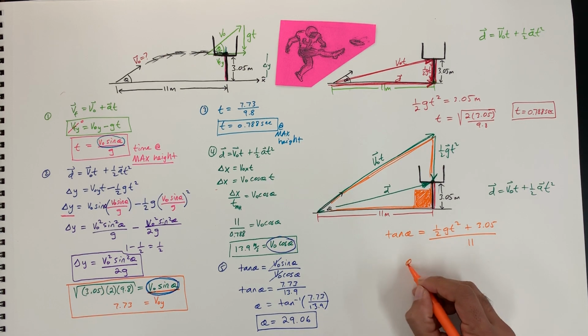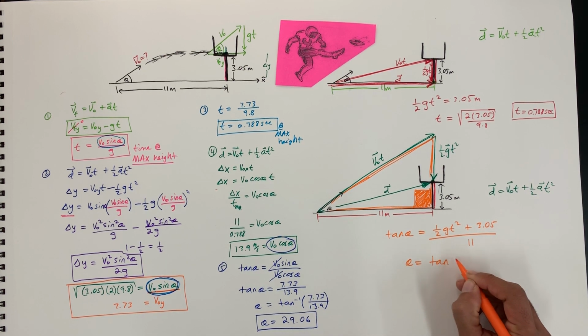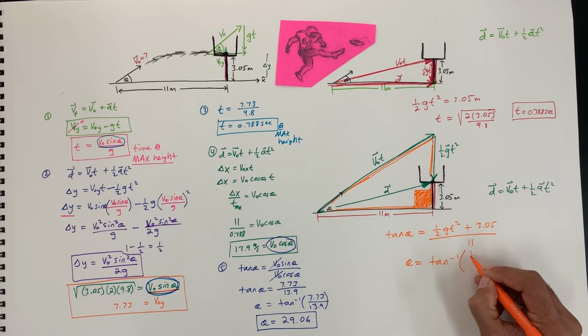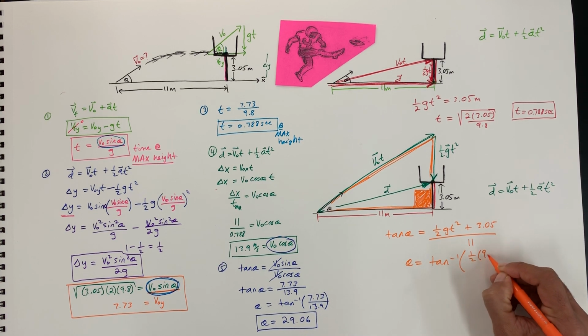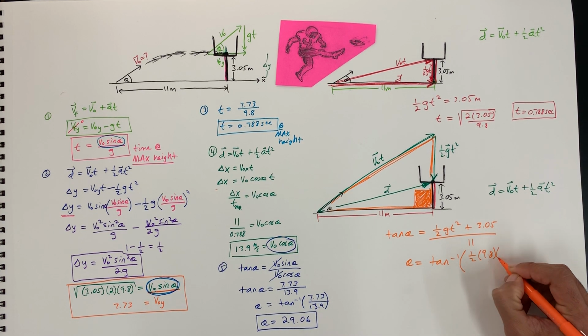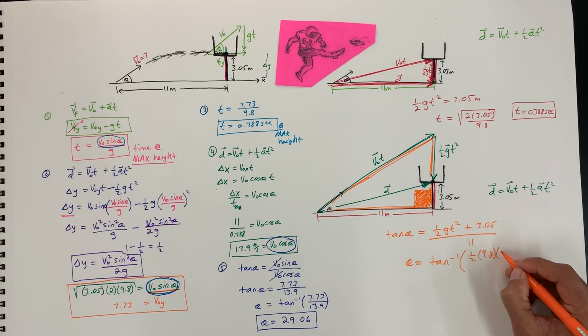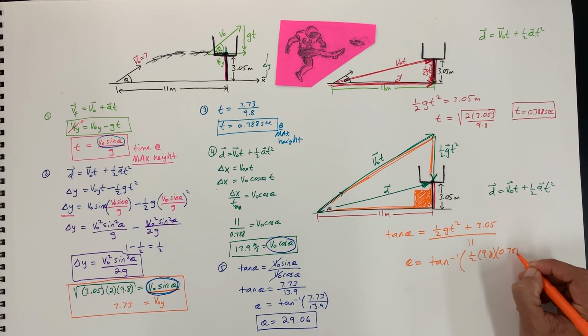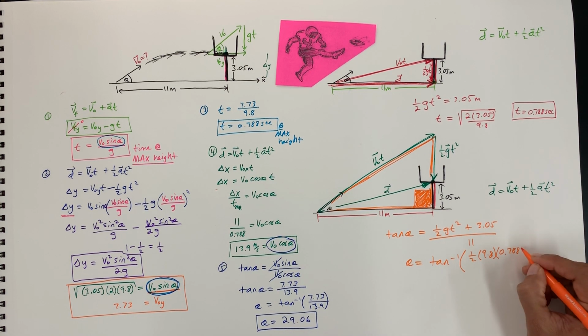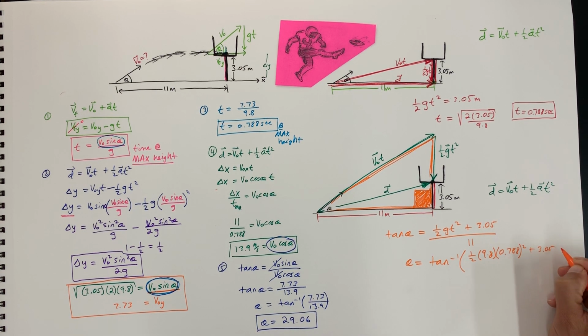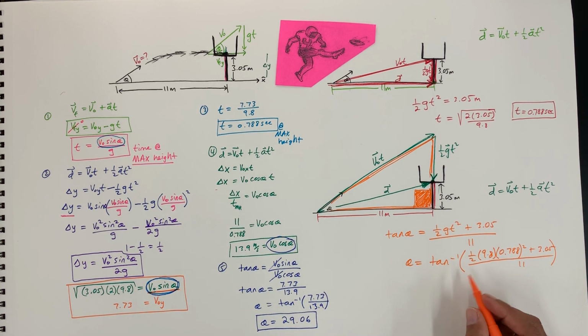If I solve for theta, I'm gonna have tangent inverse of 1/2 times 9.8, the time for the max height 0.788 squared, plus 3.05, everything over 11, and we put that into a calculator.